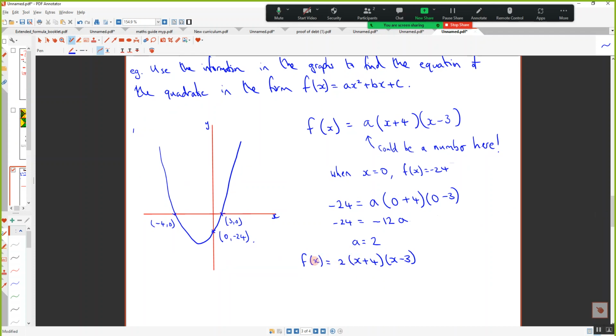If I let all of this equal 0, then x is equal to negative 4, or x is equal to 3. If I let x equal 0, I'm going to get negative 24 out. Now, we need to have it in this form, so the last thing I need to do is expand the whole thing.